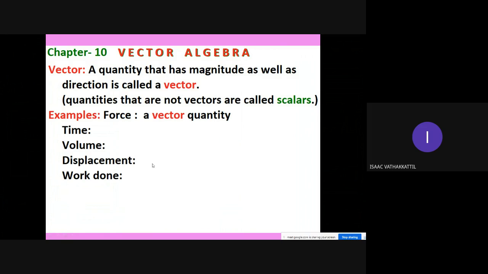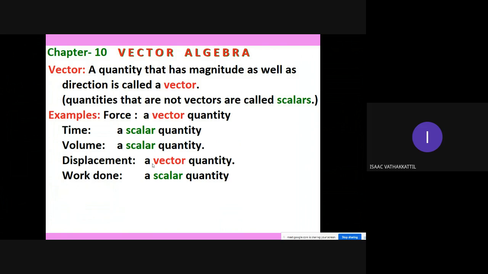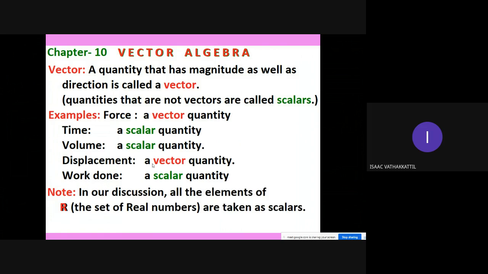Similarly, work done, you can say how much work is done, but work doesn't have a direction. So it is a scalar quantity. So time is a scalar quantity, volume is a scalar quantity, displacement is a vector quantity, work done is a scalar quantity. Okay? We consider in our discussion that the set of all real numbers, members of R, are scalars.